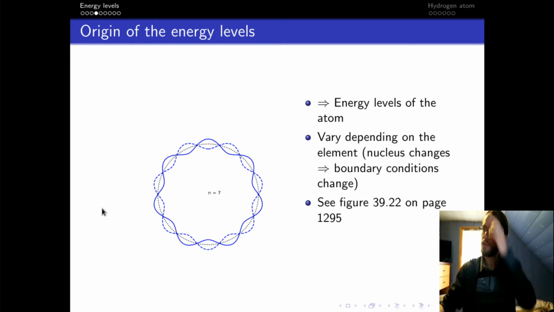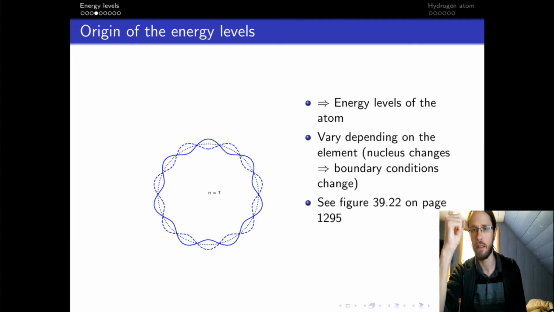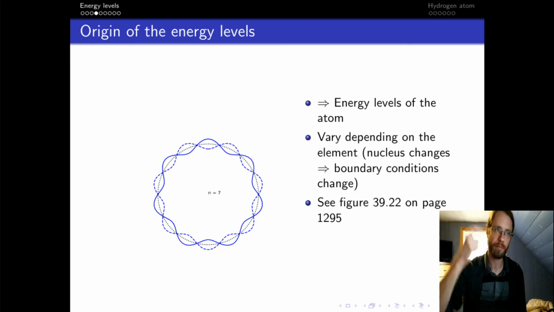And the representation we can make using the wave formalism of these levels and the wave associated with it is using the formalism introduced by De Broglie. De Broglie is the one who first worked on trying to treat particles as waves.